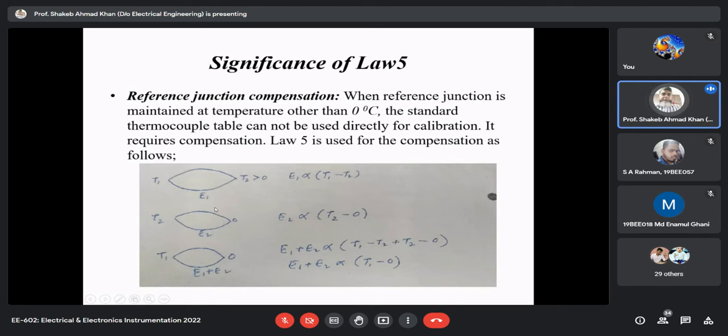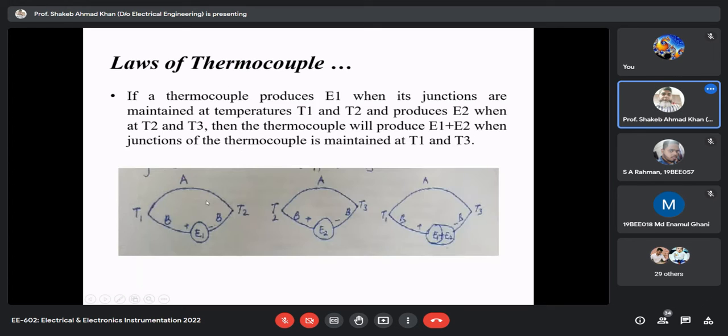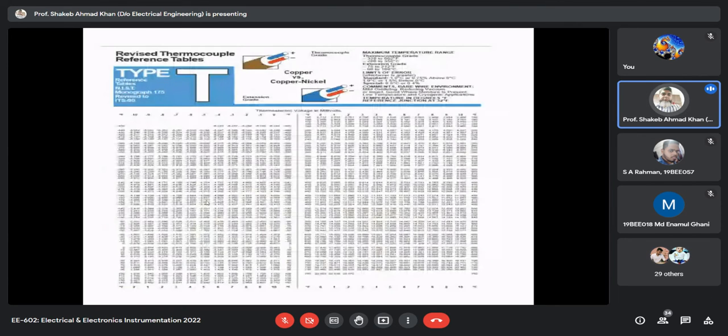Suppose it is 2.737 millivolt. If we are not making any compensation and use the table as it is, your measurement junction, or unknown temperature, will be read as 151 degrees Fahrenheit.